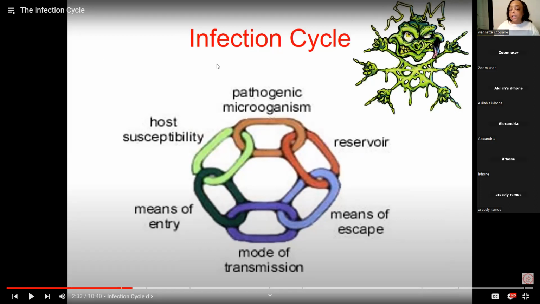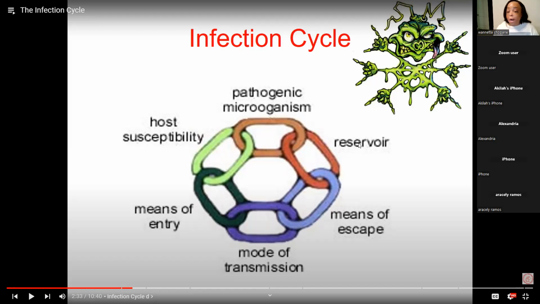Okay, so first things first, we start with the pathogenic microorganism. Microorganism just means, is it the bacteria, the fungus, parasites, the virus? Let's just say the germ, okay? Now, let's say all of a sudden the germ comes from wherever it came from. So then it jumps into a reservoir.